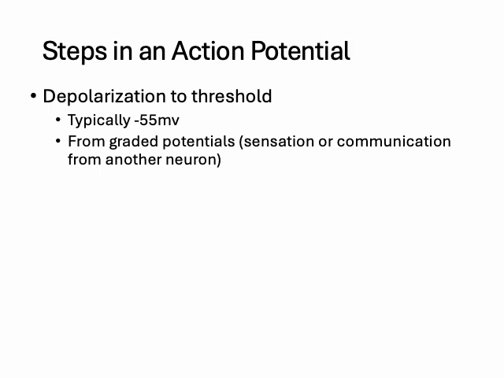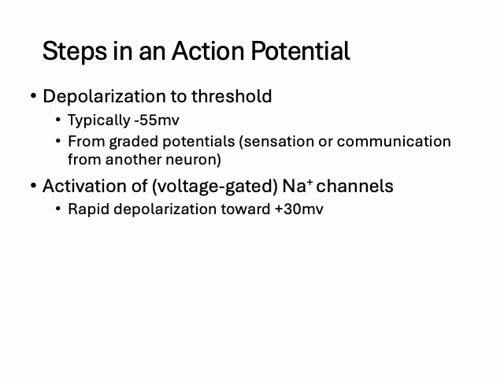That is the threshold. The threshold now is going to activate the voltage-gated sodium channels. Those sodium channels open. And I want you to just kind of visualize where we are here. We are at the axon hillock. We've opened up these sodium channels, and there's tons of sodium outside the cell.